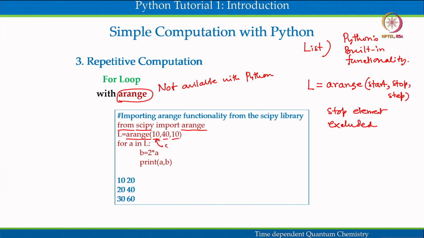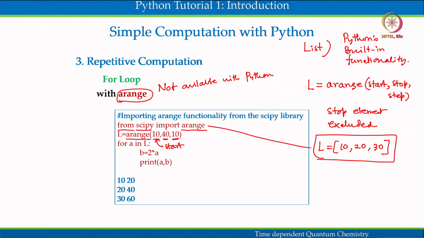This is the starting point, so L is going to be 10, then it will stop at 40 with an increment of 10. So, the next element is going to be 20, the next element will be 30, the next element is going to be 40, but it will exclude 40 and it will not include it in the list. So, this is the list I am going to prepare with the help of arange functionality.